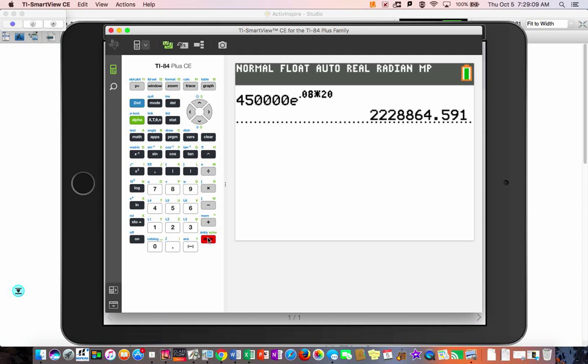And you see we have a population of about 2,228,864 people. If you want to round that up to 865, the 5 tells us to round up.